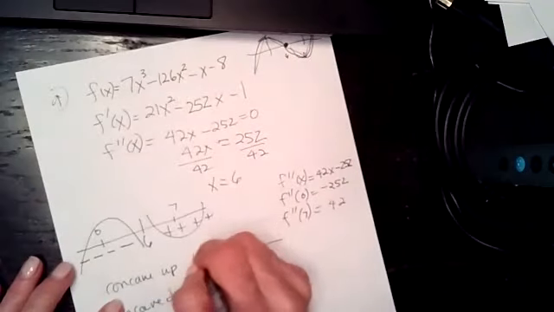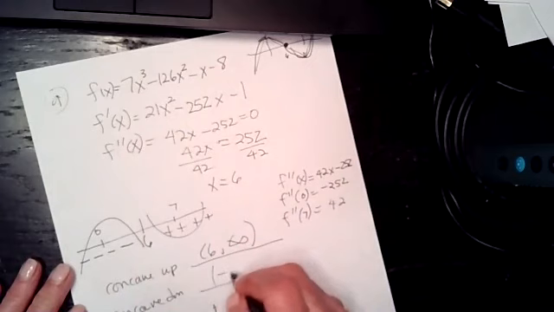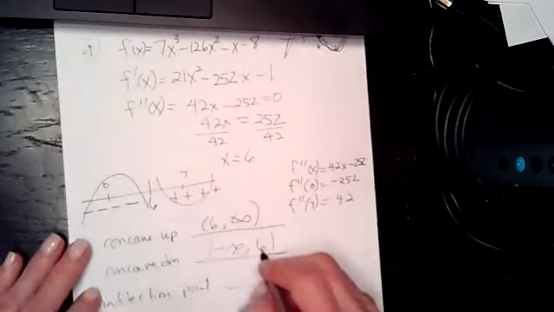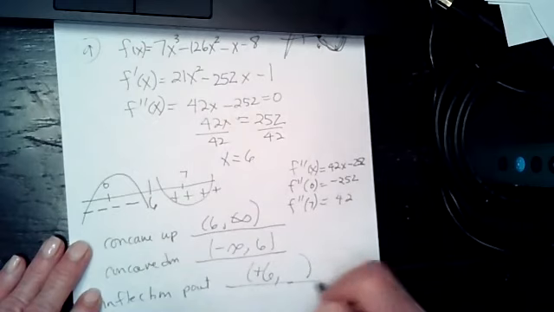So it's concave up from 6 to infinity. It's concave down from negative infinity to 6, because you read it left to right. And inflection point, does it change concavity? Yes, at 6, something.